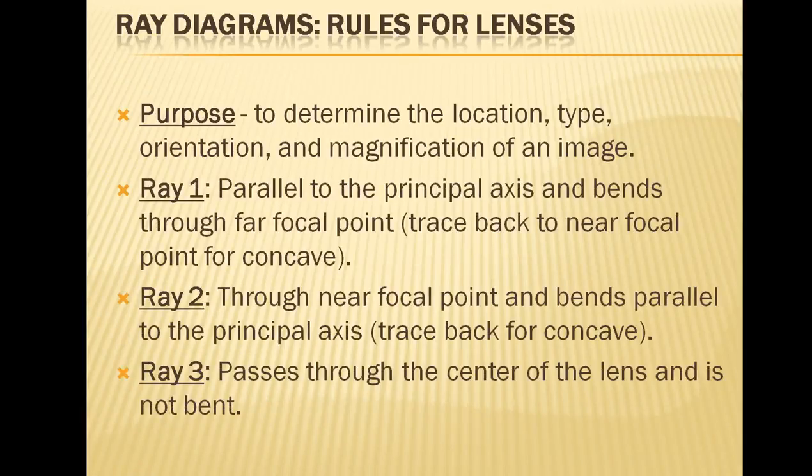The simplest way to say them, this one is kind of written for lenses specifically, but in general, whether it's a lens or a mirror, you can draw 3 rays, and they can be summarized by saying parallel, focal point, parallel, and straight through the center. And how those words are applied depends on what kind of lens you're talking about or whether you're talking about a mirror. So we'll look at the mirrors on a different video, but for now, looking at this for lenses.